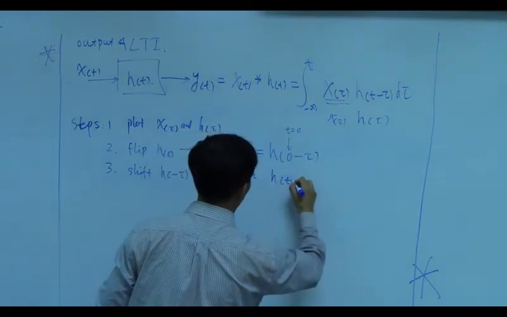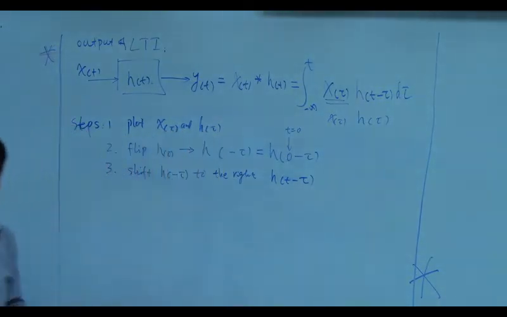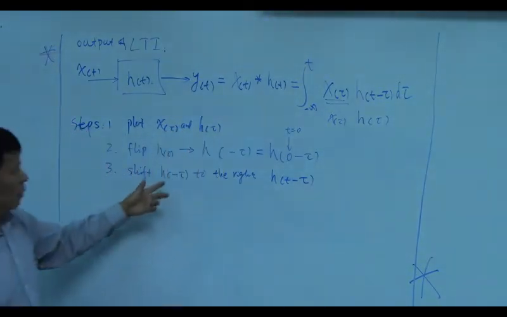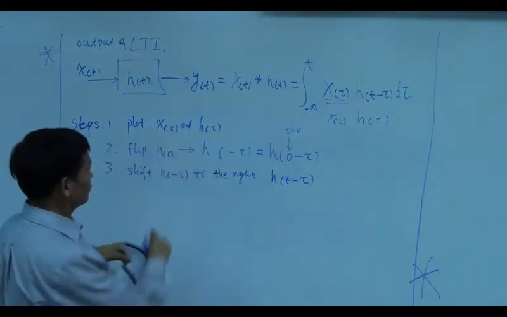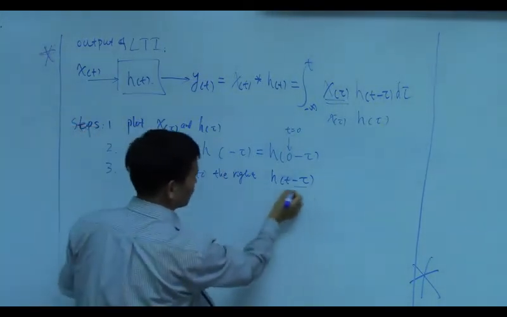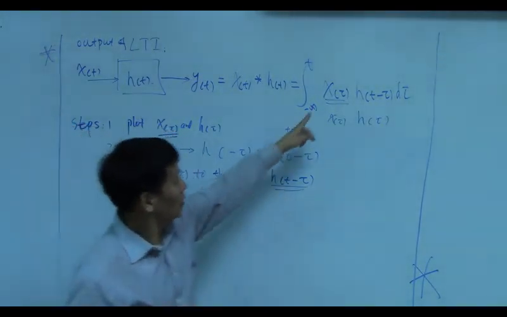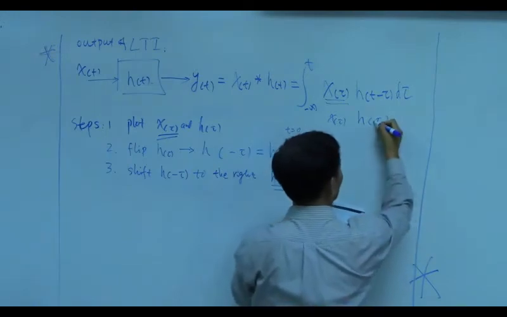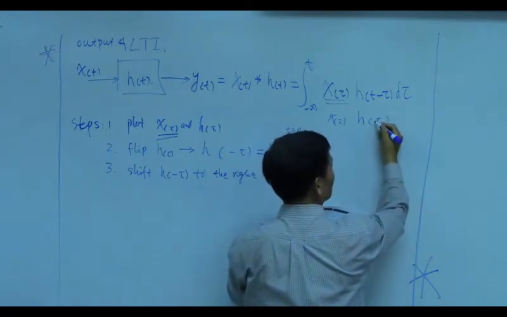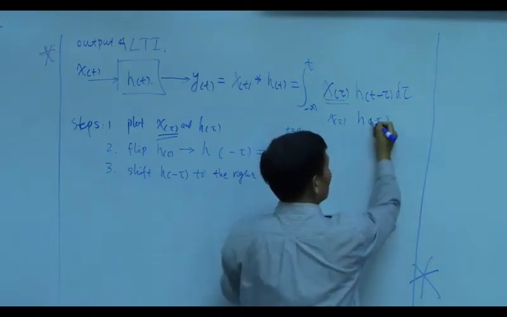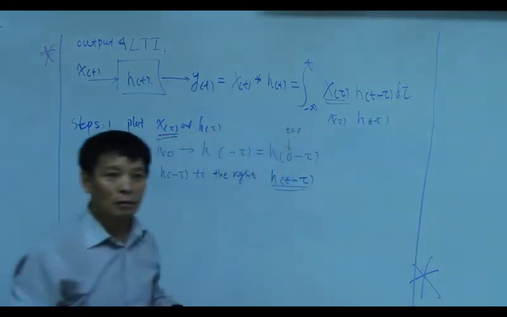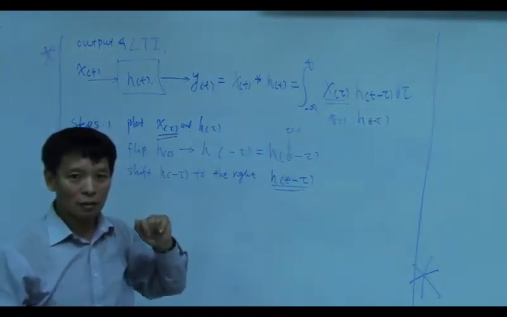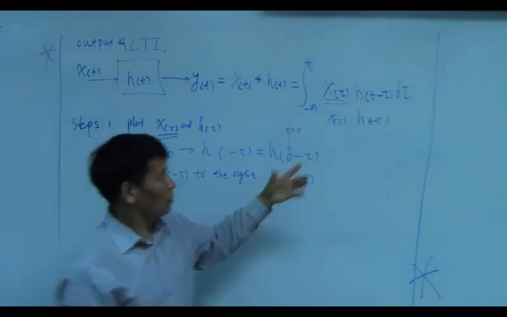Get t minus tau. So now we have x tau here, and we have h t minus tau. So we get this, we flip this, then we shift this to the right by t. We know t, right?